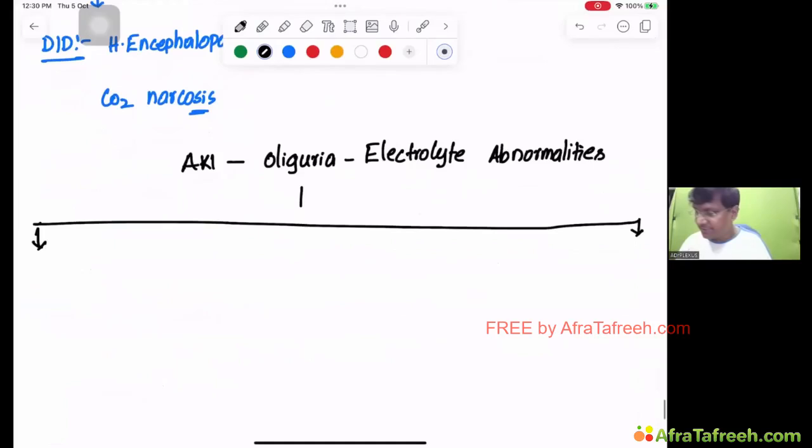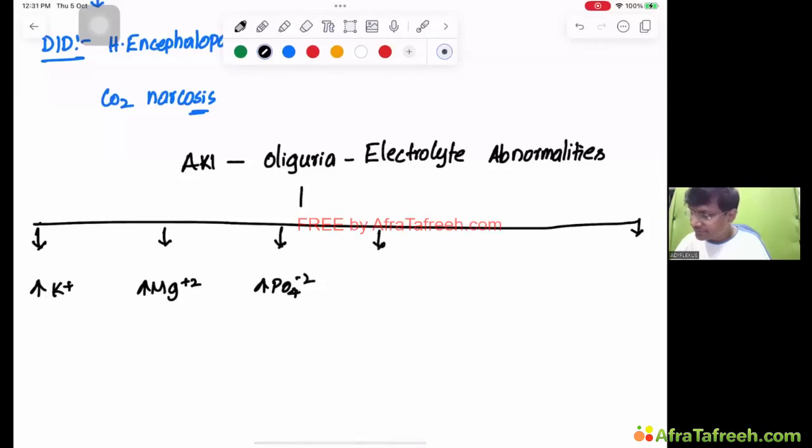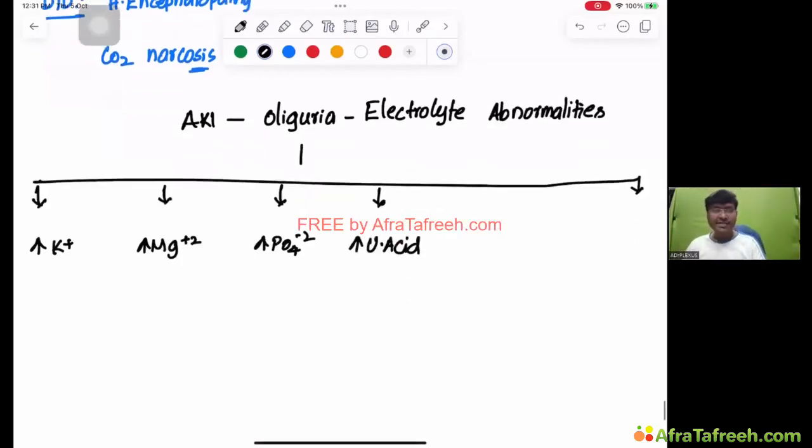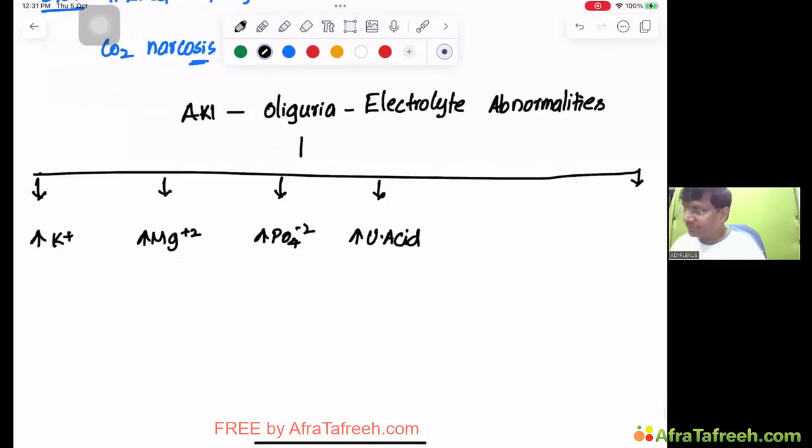The electrolyte abnormalities can be hyperkalemia, then hypermagnesemia, then hyperphosphatemia, and then an increase in the uric acid levels. Why? Because all these substances have to be excreted by the kidney, and when the kidney is not functioning, these substances get accumulated in our body, resulting in hyperkalemia, hypermagnesemia, hyperphosphatemia, as well as an increase in the uric acid levels.